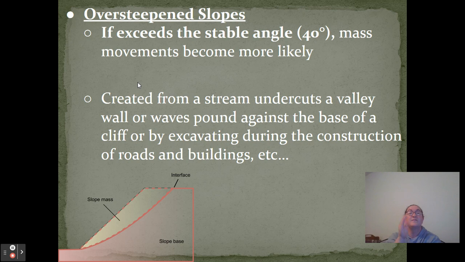The steeper the slope, the less likely the soil will stay there. This also means there is a bigger chance that a mass movement can occur, meaning rocks and materials falling down. This could cause major problems, not only for us, but for animals as well.